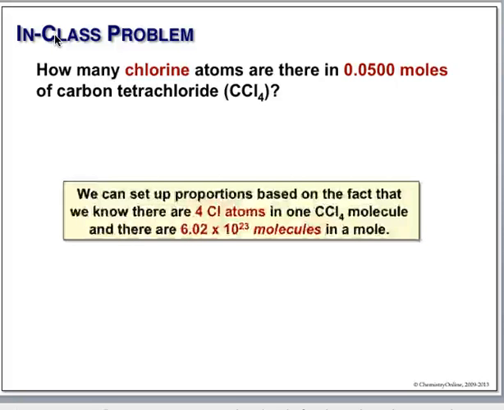Well, we know that in every mole there are going to be 6.02 times 10 to the 23rd anything's, pigs. And there are 4 chlorines in every carbon tetrachloride. So our given here is going to be the number of moles, 0.05 moles.